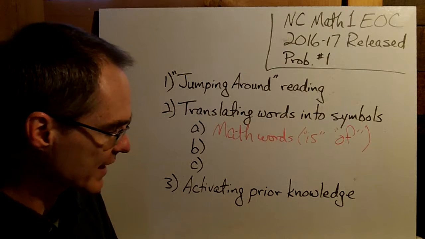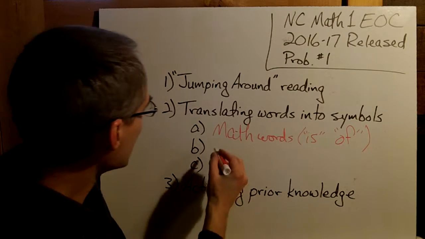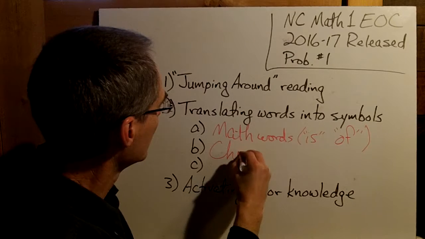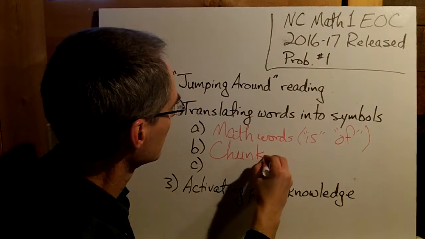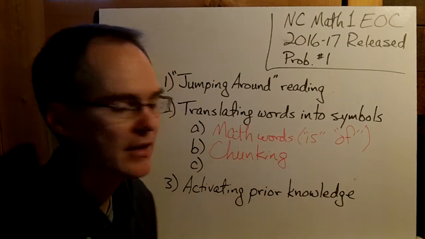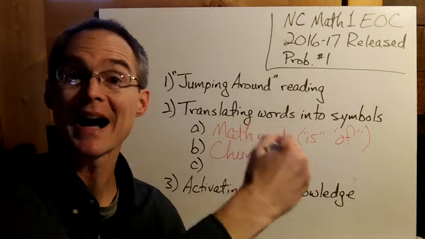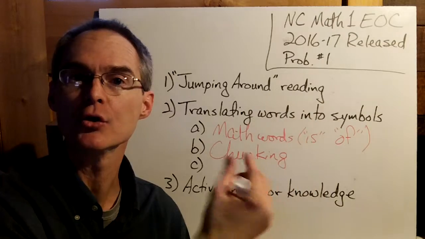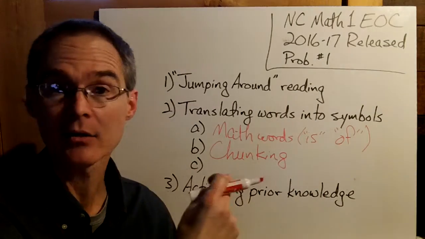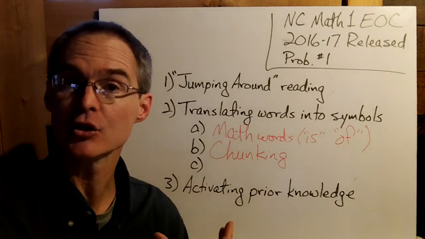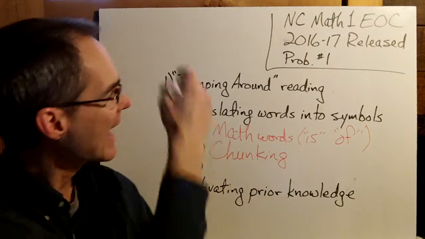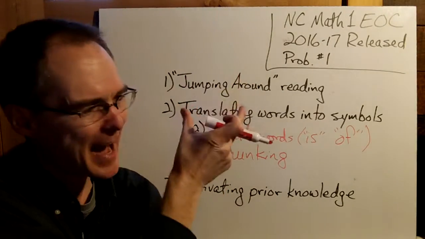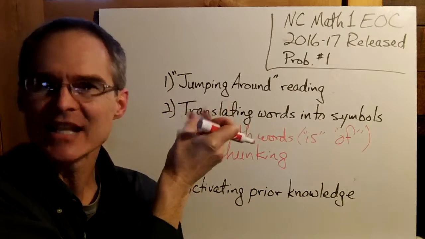Also related to translating words into symbols, I used a strategy that I call chunking. And you saw me do this when I, for example, drew boxes around different parts of the sentence that we were translating into mathematical symbols. We were translating it into a linear equation. That's just a way of saying, I'm going to look at this group of words as a single unit.